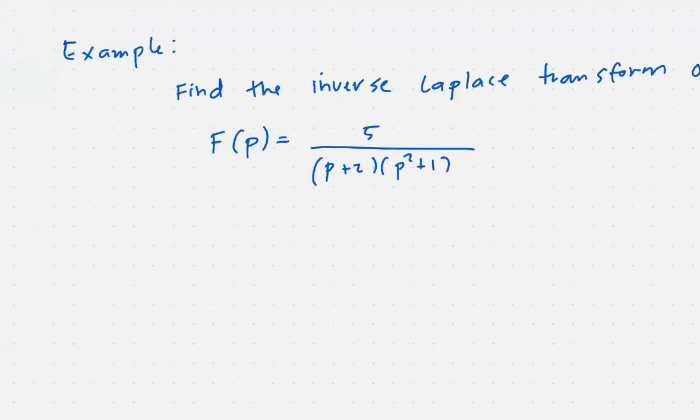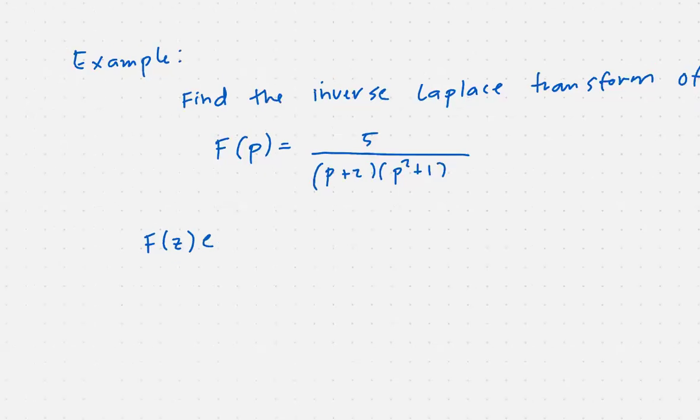But another thing is we have to multiply it by e raised to zt because that is part of our integrand. So this is just going to be 5 times e raised to zt over (z plus 2) times (z squared plus 1).